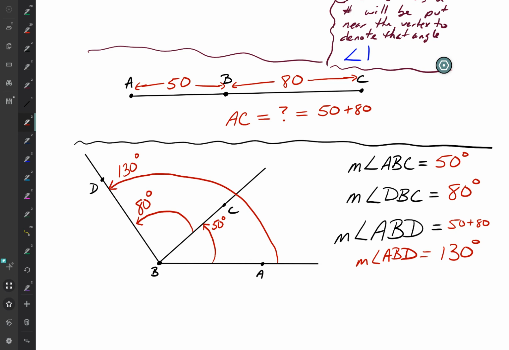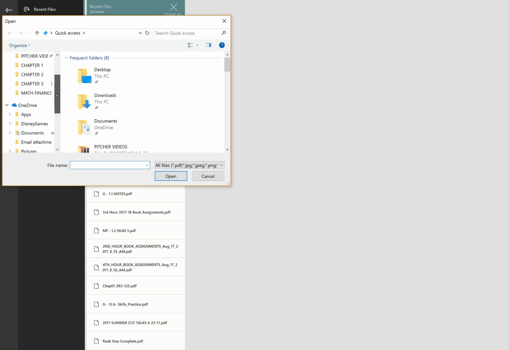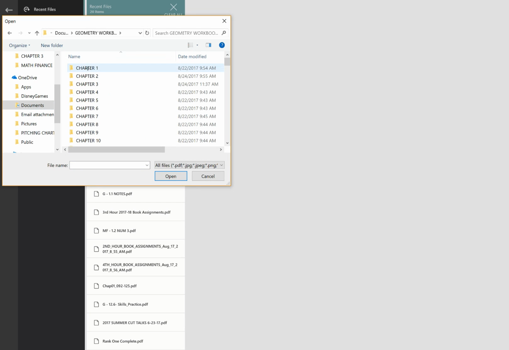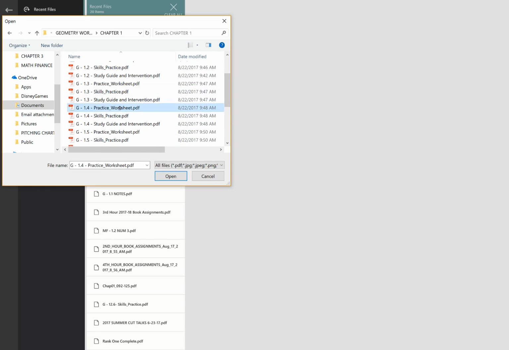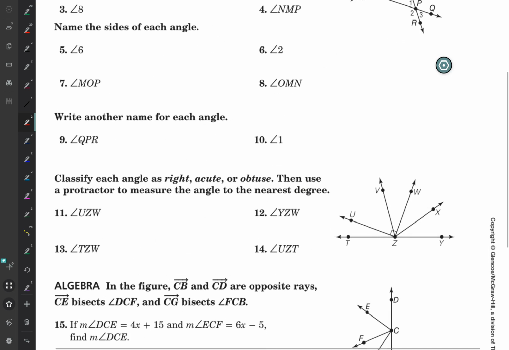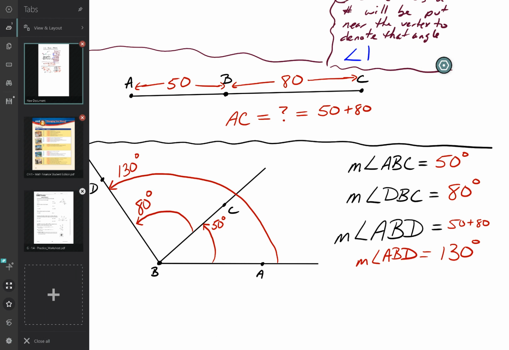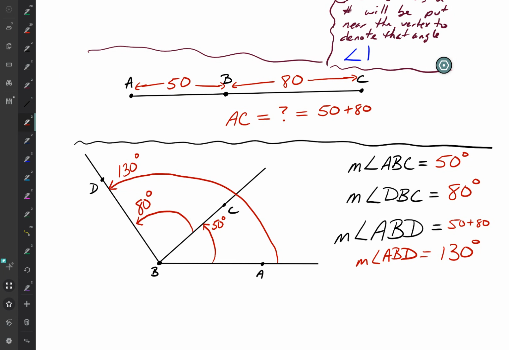That's not stretched, is it? Let me know when you guys are done writing that down, and we'll go to the practice workbook.